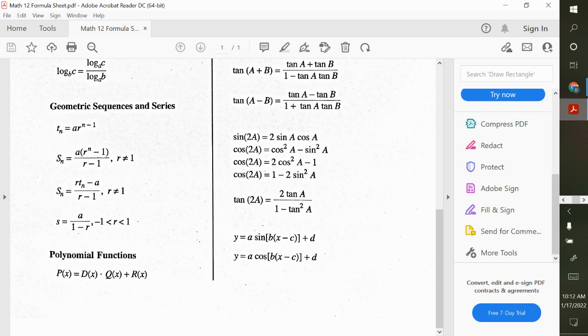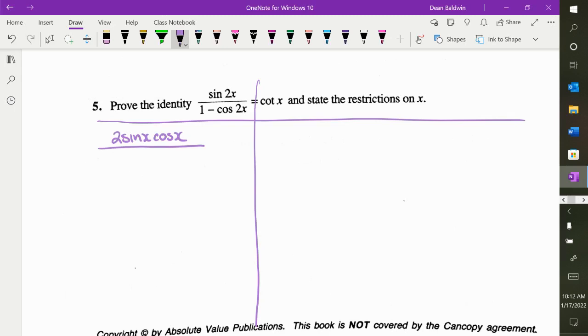Exactly. So if you use this one, you're going to get 1 minus, and this is important. When you're subtracting, please put it in brackets, or you're going to get things wrong. And I rewrite the cos 2x as 1 minus 2 sine squared x. It cuts the angle in half. And the reason I did this is because now I have a 1 minus 1, which makes that all go away.